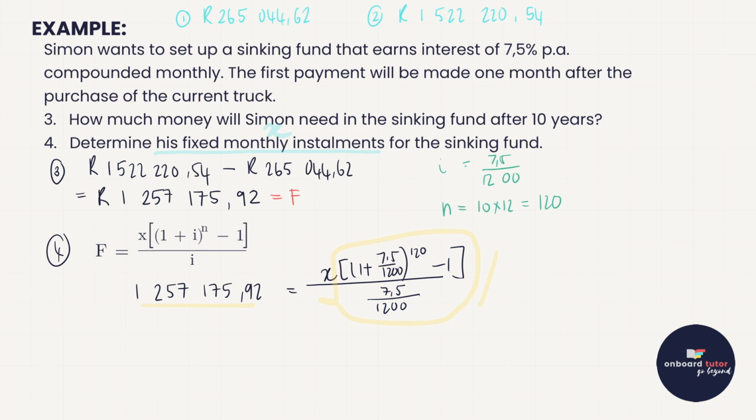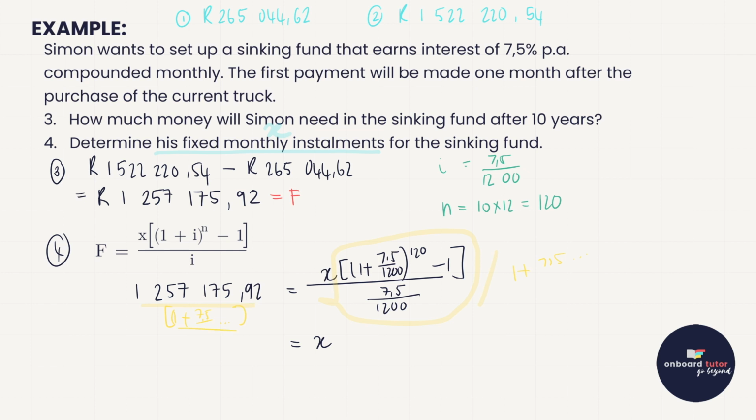Okay, so once we pop that into our calculator, then on the right hand side of the equation we'll just be left with X, because we've divided both sides by this 1 plus 7.5 over 1,200 expression.